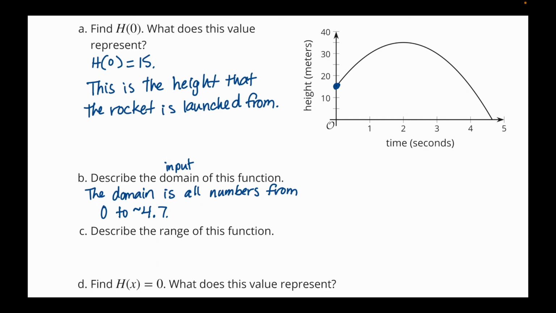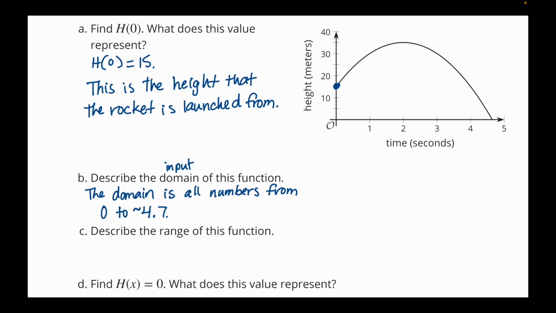Now we want to describe the range for part C. So we want to find what our tallest value is here. To me, that looks like 35. And we know our rocket is not just going to be teleporting distances. It's going to be launching and then coming back down, but it's only going to meet that height of 35.